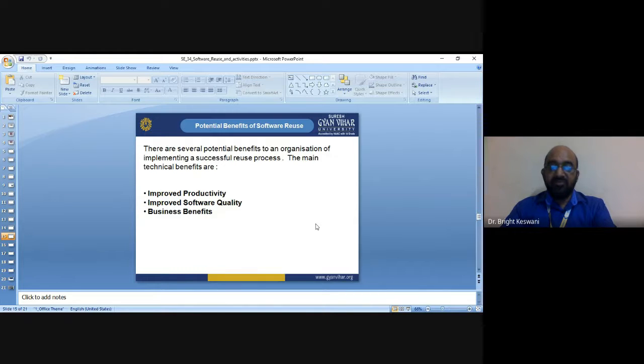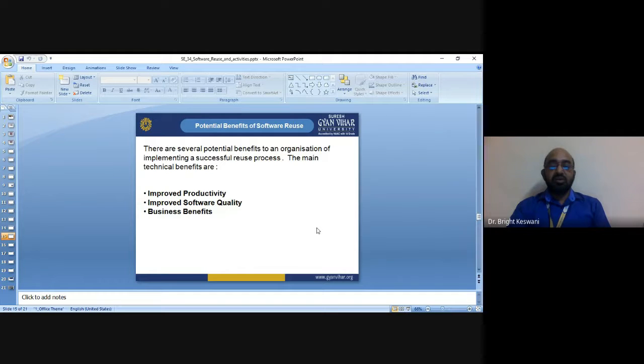When we talk about business related benefits, the organization will benefit both economically and otherwise from a reuse program. The improvements in productivity will lead to quicker production of products and components, and also to higher profits or cheaper products, and this will give them a shorter time to market, which will improve the competitiveness of the organization within its own domain.